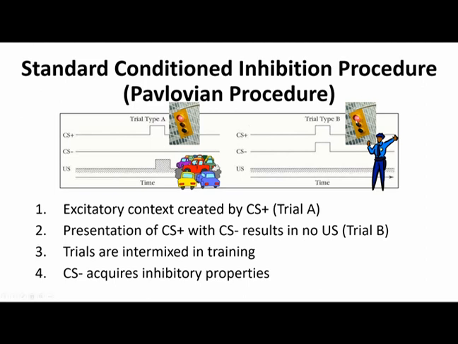So even though the light is red, the officer is telling you that it is okay. And if you go into the intersection, you're very unlikely to get hit by other vehicles because the police officer is there directing traffic. So our police officer is our CS minus. They're basically a safety signal that tells us that even though our CS plus is here, nothing bad is going to happen.